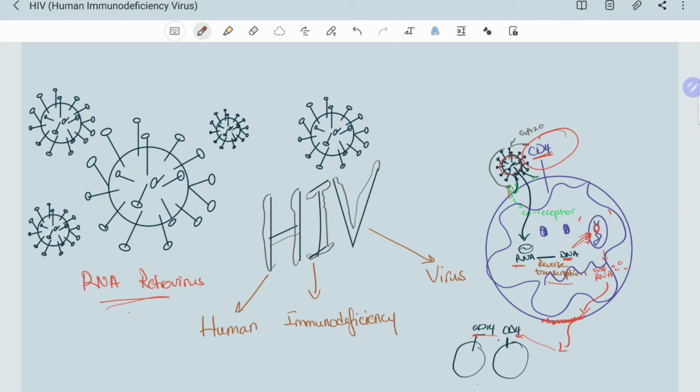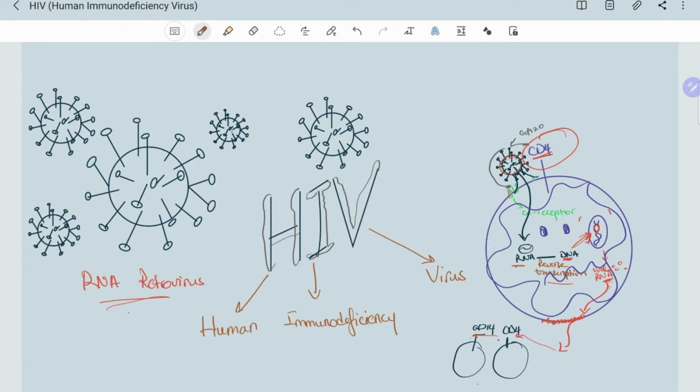If the immune system is triggered, this immune cell will produce viral proteins and RNA, which contain the HIV DNA. And that's how it infects the whole body.